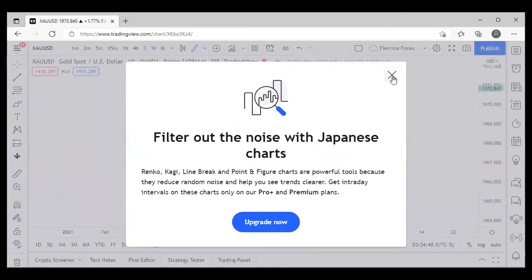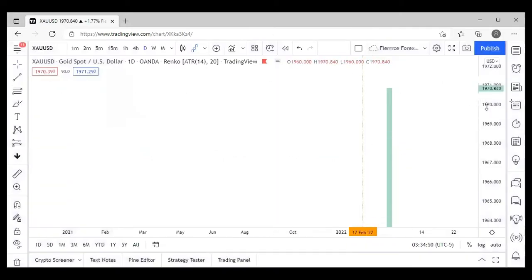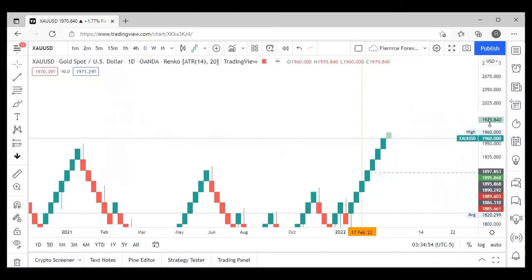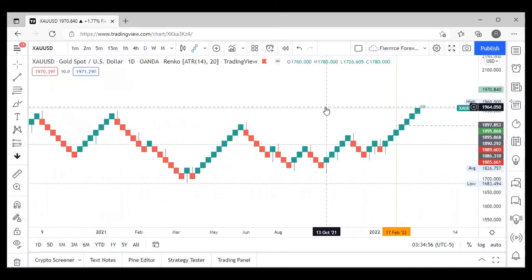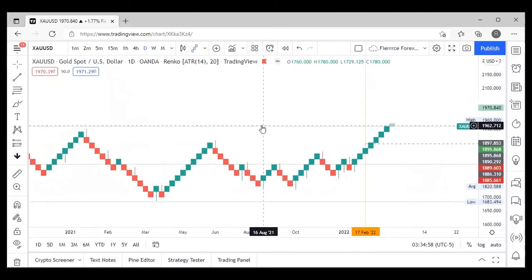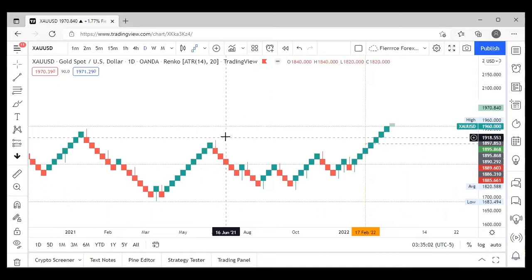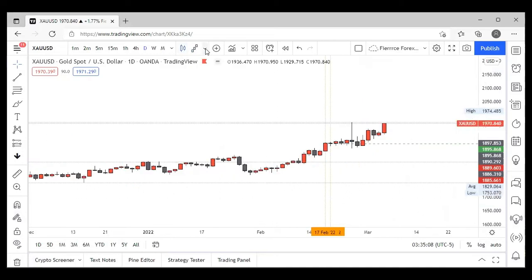This is how the Renko chart looks. Again, it almost looks like the Heikin-Ashi. But I honestly don't recommend that beginners start with any chart other than the Japanese candlestick. Don't complicate it, keep it simple, stupid.